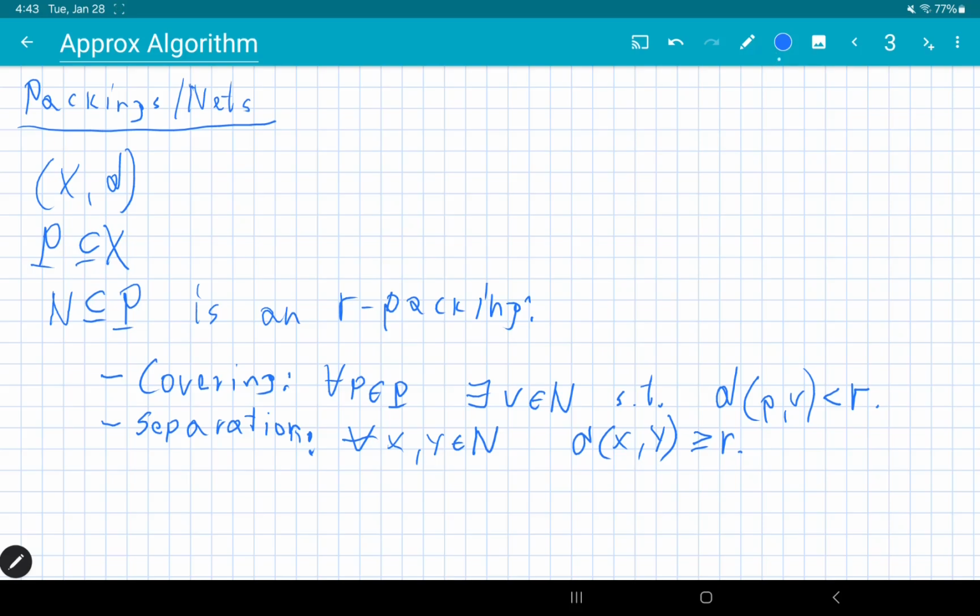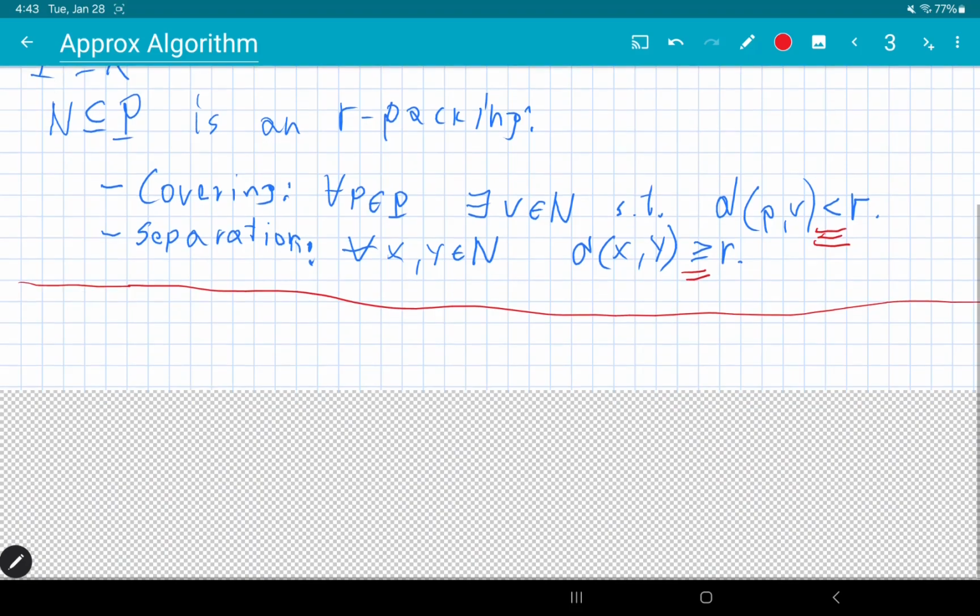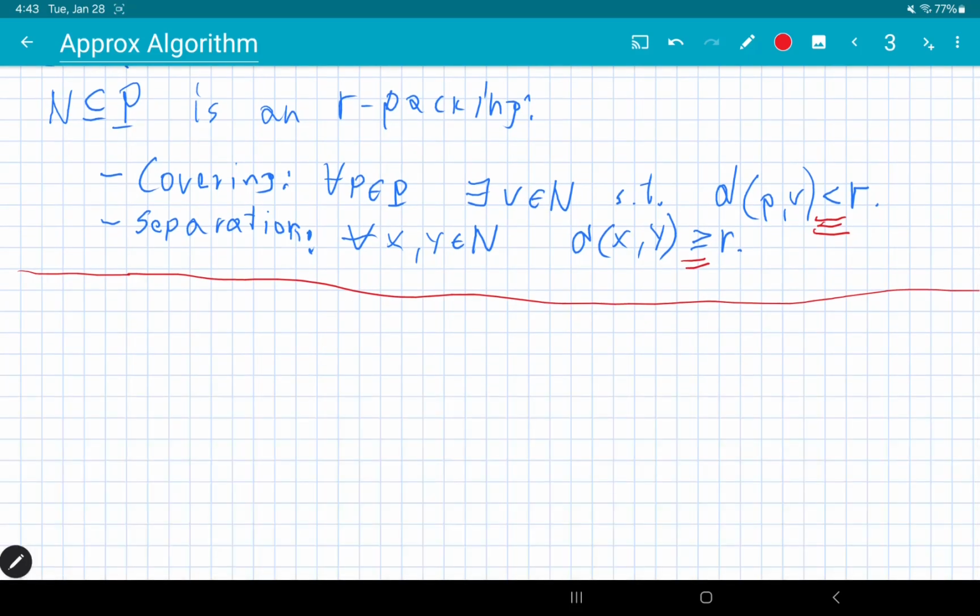It's a minor technicality, but it's kind of important that here it's strictly smaller, and here it's larger or equal. And we already saw a net, essentially, when we talked about the doubling constant.